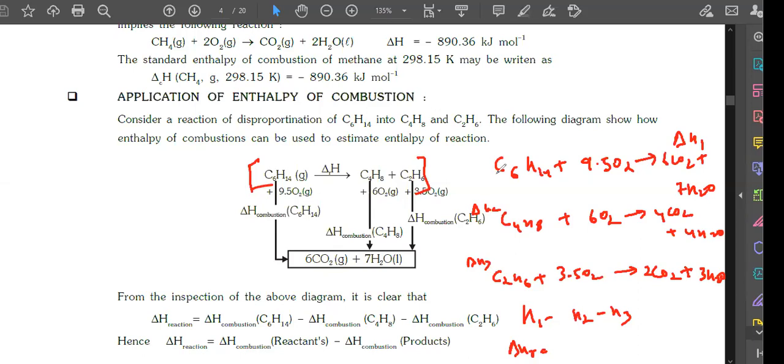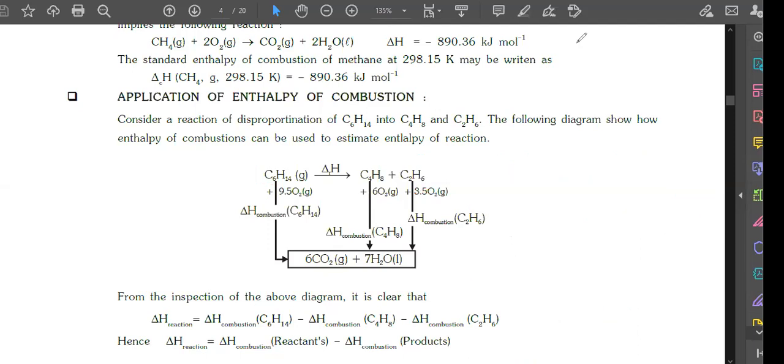It is the sum and difference of these three reactions, H1 minus H2 minus H3, and that will give you this reaction. So according to Hess law, H1 is the heat of combustion of reactant, and H2 and H3 are of the product. See, this is very easy if you understood it.